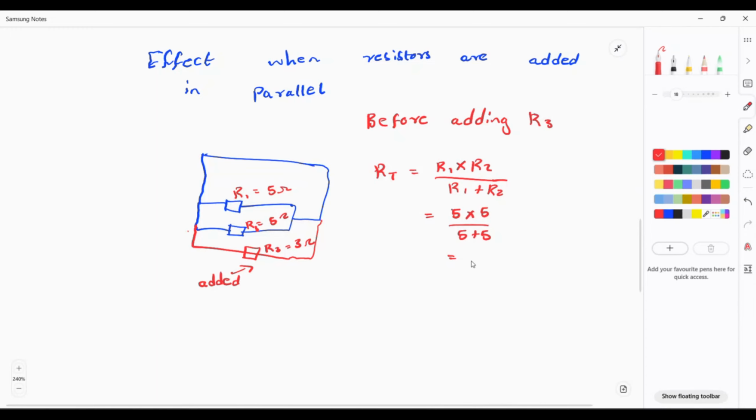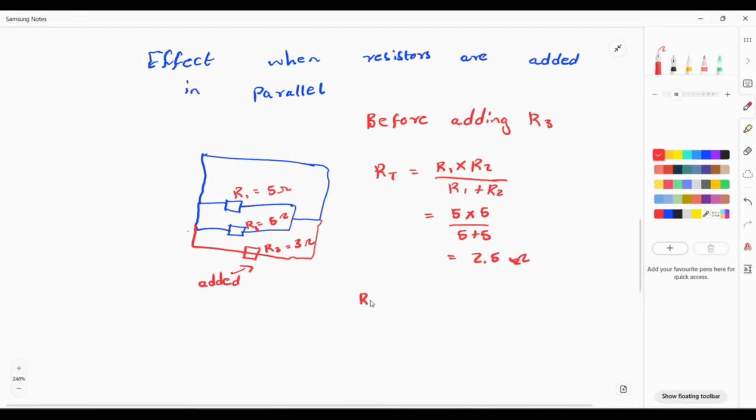Is it 2.5? Okay, thank you. That is 2.5 ohms over there. So you see, that is before adding R3. But let's calculate when we have R3 now. Let's calculate the total resistance now and see what happens.